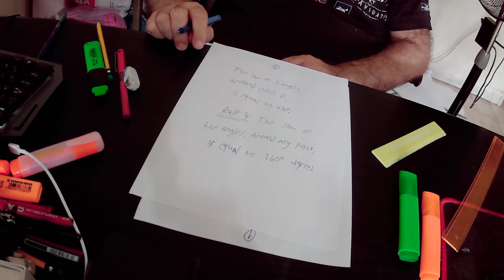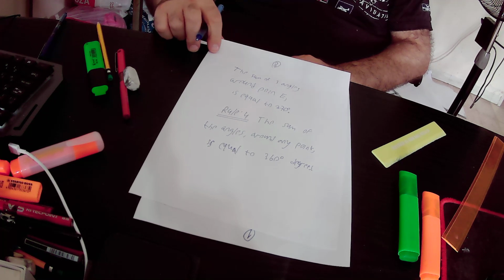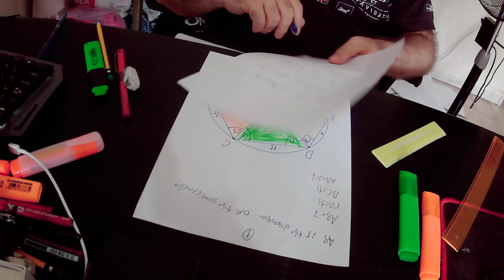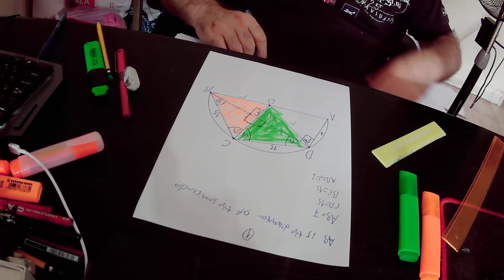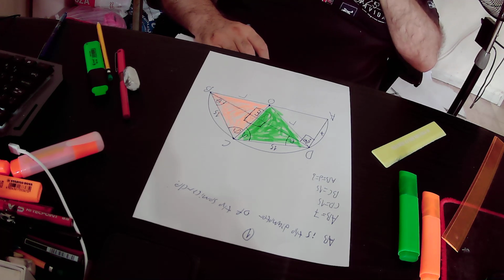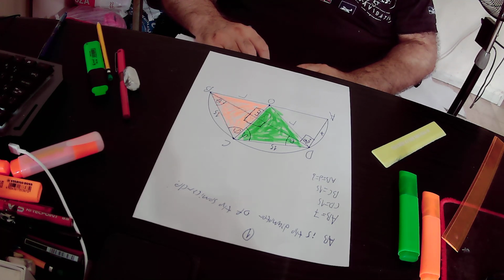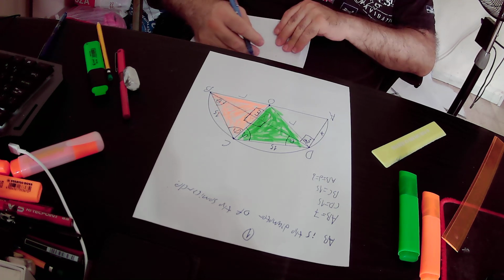Okay? And especially around point E, the sum of the angles must be equal to 360 degrees, according to rule number 4.